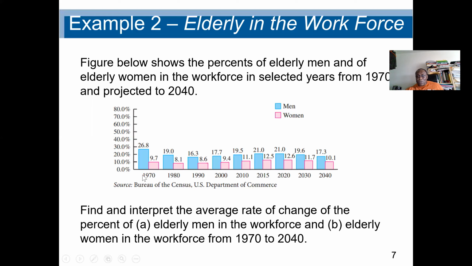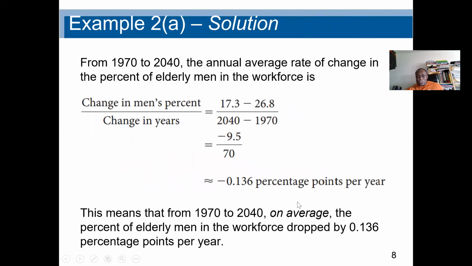Here we're going to say that our answer will be negative because there's a decrease. In 1970, we have more elderly men in the workforce than elderly men in 2040. For the women, since we have an increase, 1970 was 2.7 percent elderly women, and 2040 is 10.1 percent. So let's see the calculation on the next slide.